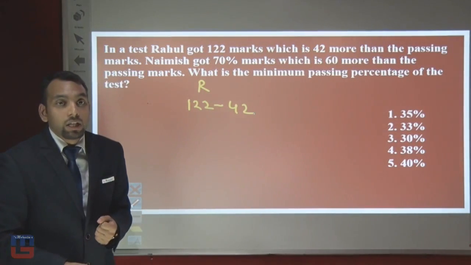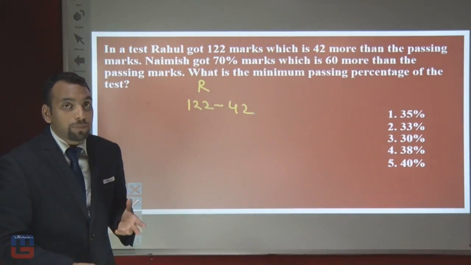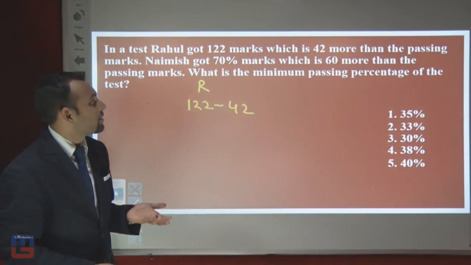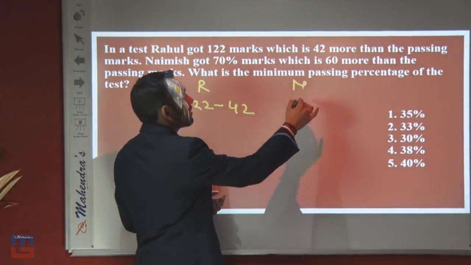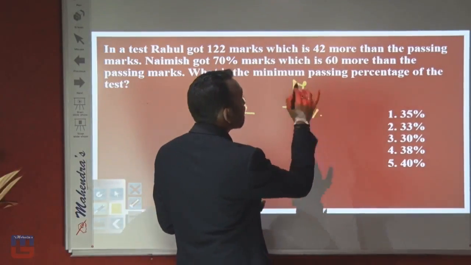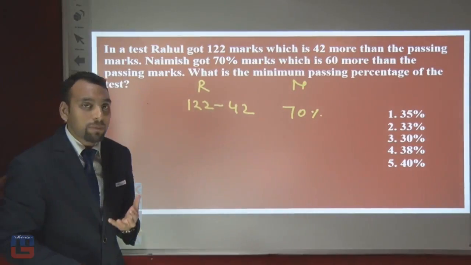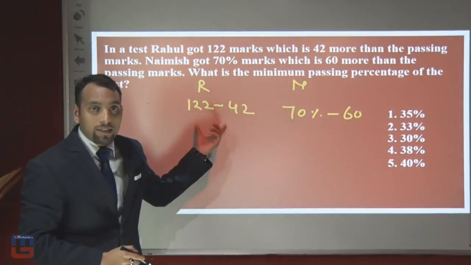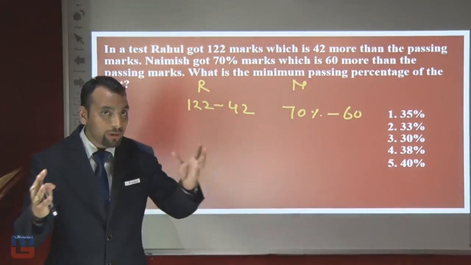Now Namish got 70% marks, which is 60 more than the passing marks. In the same way, Namish gets 70% marks and 60 marks more than the minimum passing marks, so we will minus 60. This is the passing marks and this is the passing marks, so both will be equal.